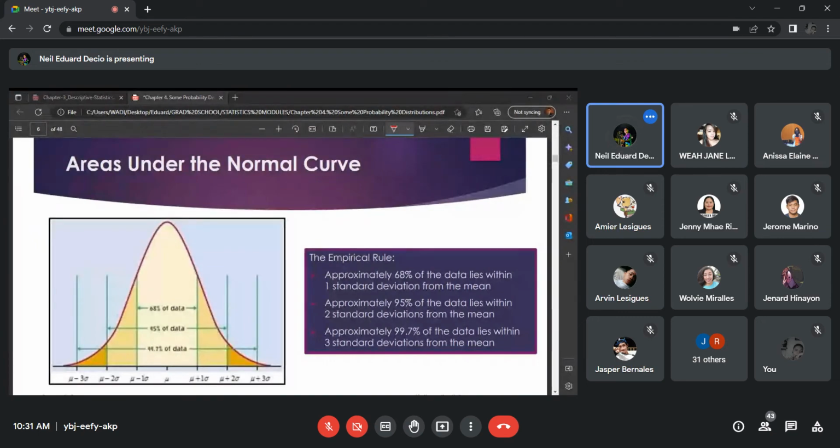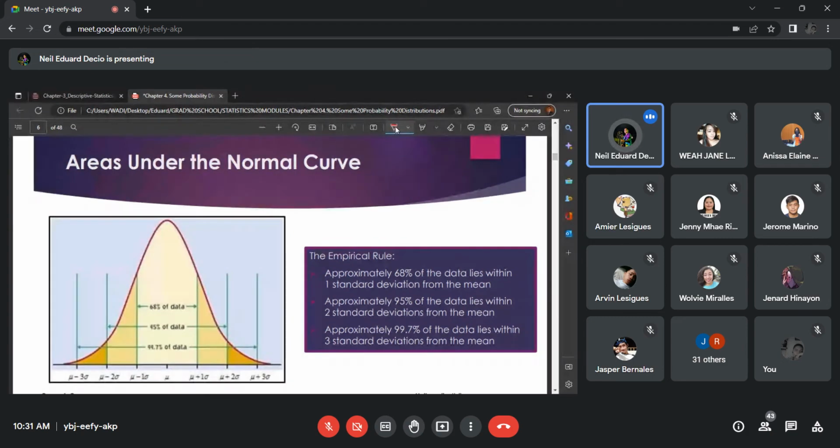Now, di ba, you already have an idea of this, na meron tayong table to actually get the value under the curve from meron tayong given na value with respect to x, no? Tapos titingnan natin yung table, yung tawag doon sa z table, di ba? Titingnan natin yung z table, and then we're going to identify kung ano yung measure from that point of the area. But then we actually have an approximation.